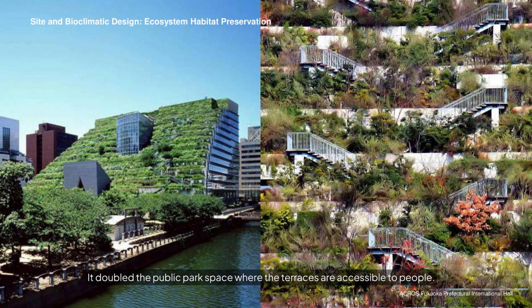It doubled the public park space where the terraces are accessible to people. Inside, the building's energy use is reduced thanks to the natural insulation and cooling from the planted facade. This case illustrates how ambitious bioclimatic site design can create a symbiosis between architecture, site, and nature.